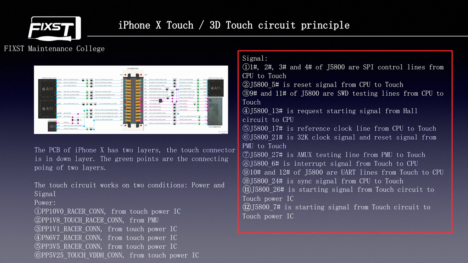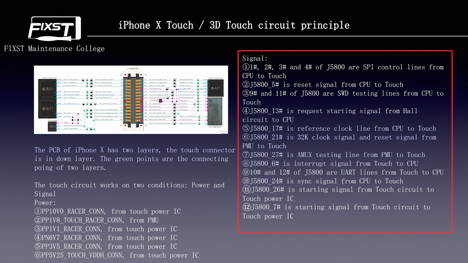Signal lines are 12. 1. Pin 1, Pin 2, Pin 3, and Pin 4 of J5800 are SPI control lines from CPU to touch. 2. Pin 5 of J5800 is reset signal from CPU to touch. 3.